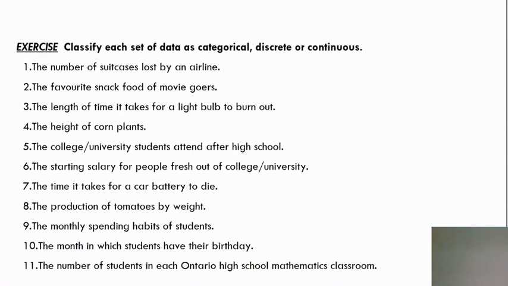Well, let's try these ones out now. We're going to describe these as D for discrete, categorical, and continuous.